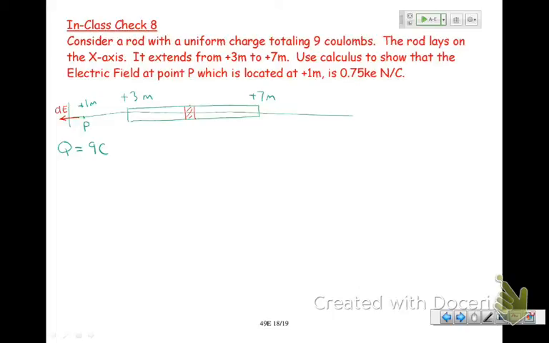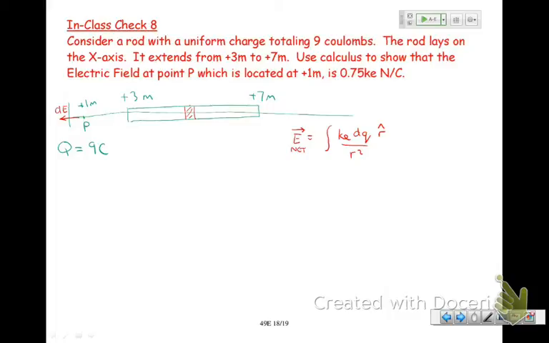And the first thing I've got to recognize is that my net electric field is equal to the integral. And let's have a look. It had k_e in it, it had dq in it over r squared, and we had r hat. But we know the direction this is going to point, don't we?